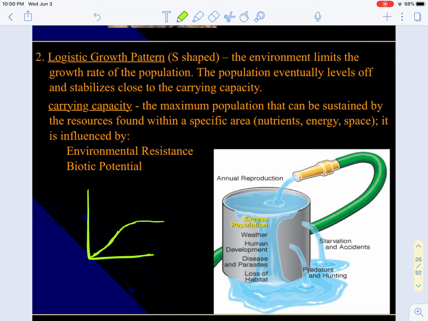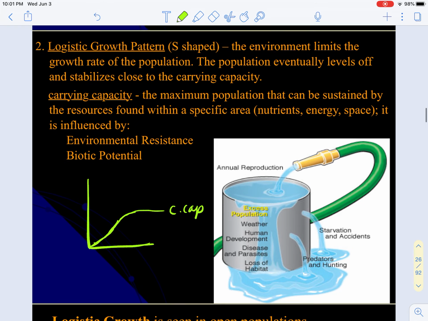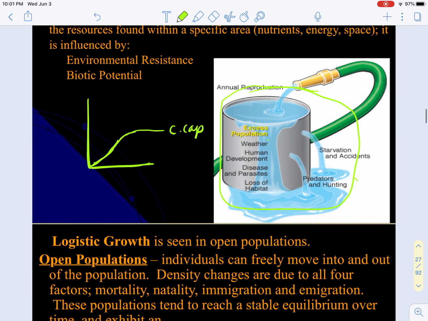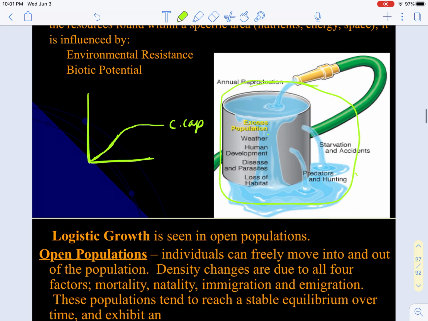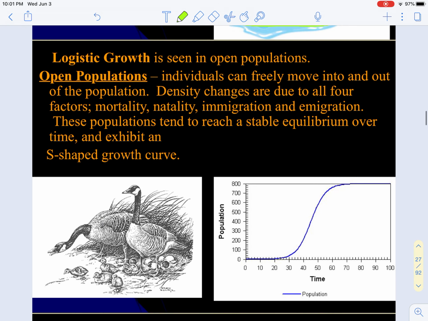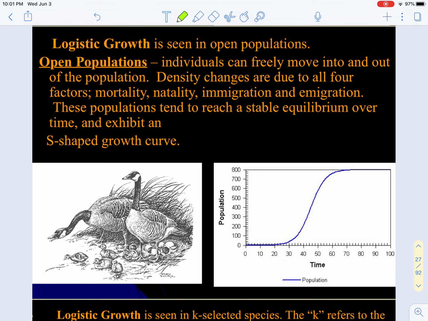It's going to level off, and you're going to see this as a time when it reaches carrying capacity. And so the carrying capacity is reached because of things that will keep it at a constant size, like predators, weather, disease, loss of habitat, or excess population that the environment can't hold.